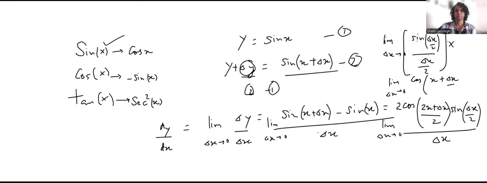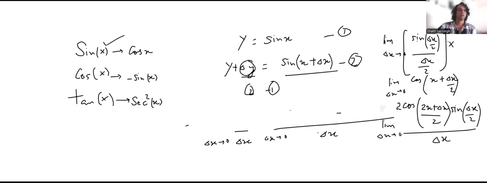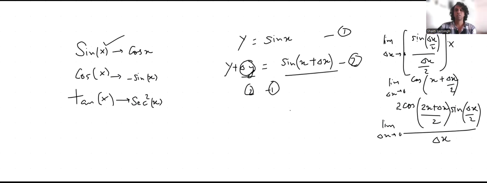And the next step, I'm going to put in all these values here. So this limit goes to 1 times, now when delta x goes to 0 here, all I'm left with is a cosine of x, right?